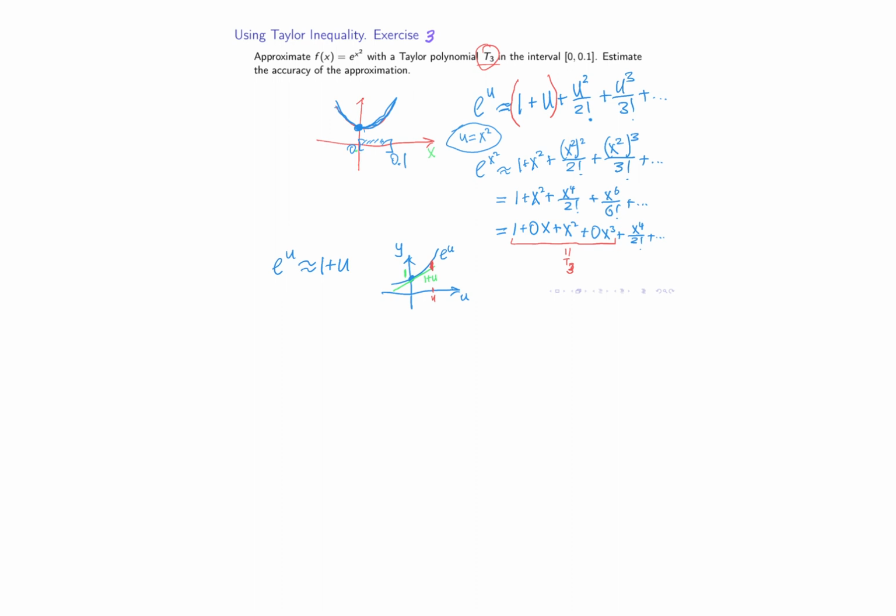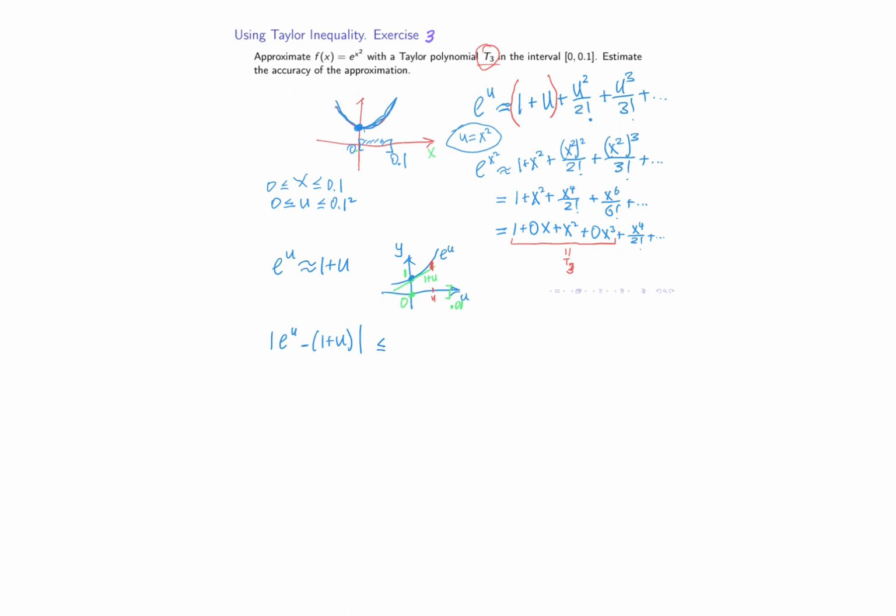So u runs from 0 to 0.01, right? Since x is between 0 and 0.1, u, which is x squared, is going to be between 0 and 0.1 squared. For estimating the gap in this approximation, that's when we are going to use the Taylor inequality.